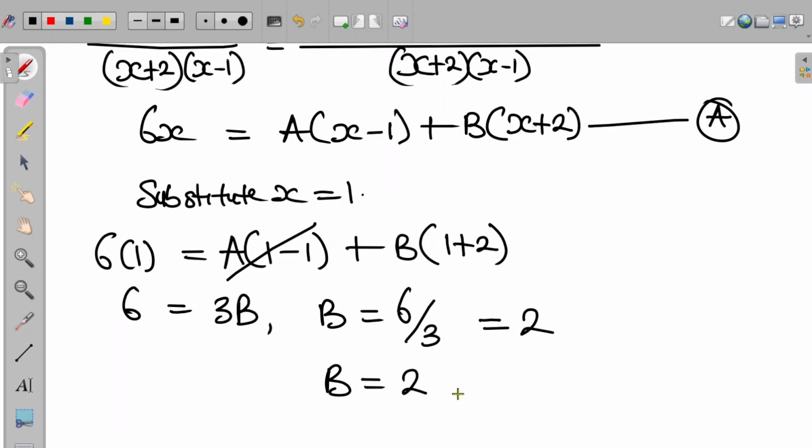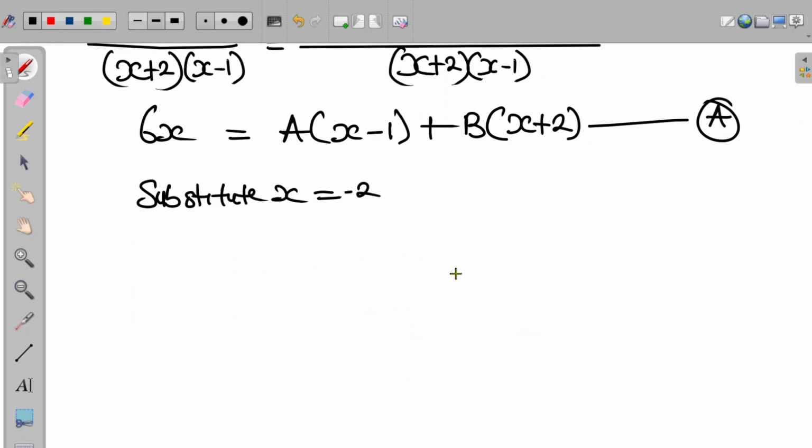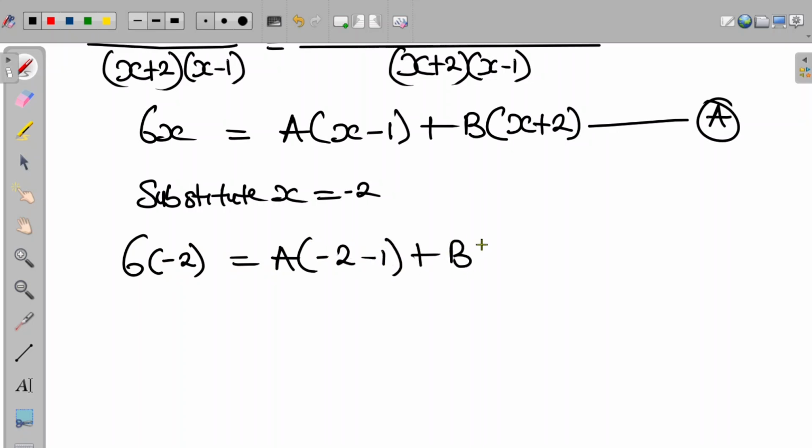To obtain the value of a, we have to substitute x equal to -2 into equation A. So we have 6 multiplied by -2 equal to a, open bracket, -2 minus 1, plus b, open bracket, -2 plus 2. So at this point, 6 times -2 is -12, equal to -2 minus 1 is -3, and -3 times a is -3a.